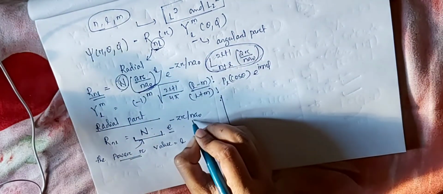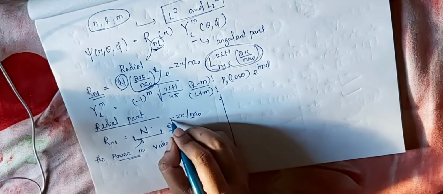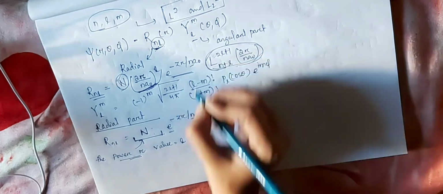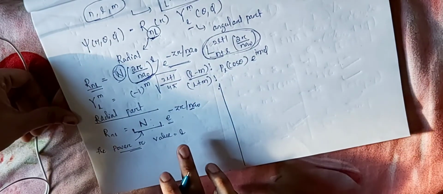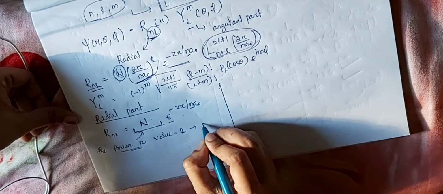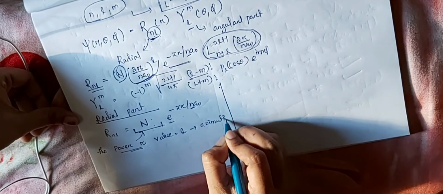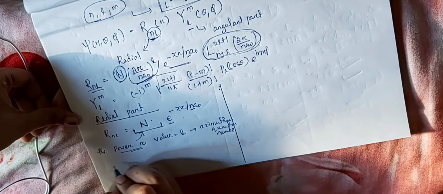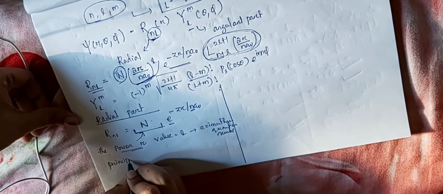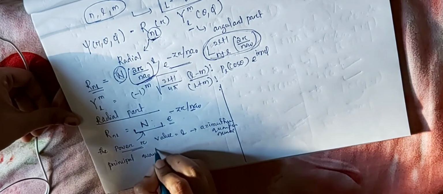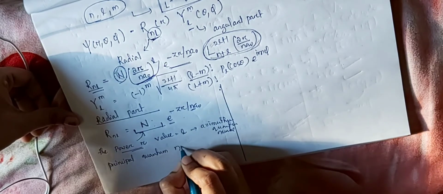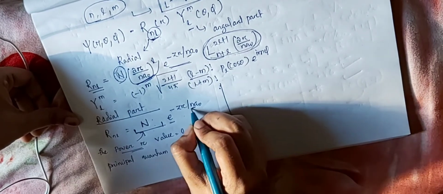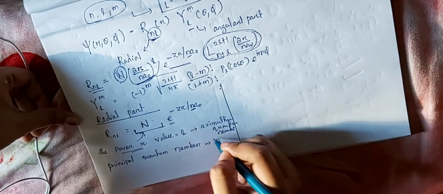And see this part, e to the power minus zr by n a naught. From this part we will get the value of the principal quantum number n. So from the power of r I get the azimuthal quantum number, and the principal quantum number n I can also find from this equation; this will give me the value of n.